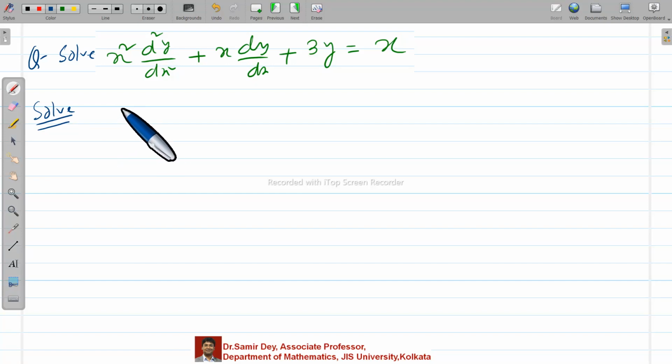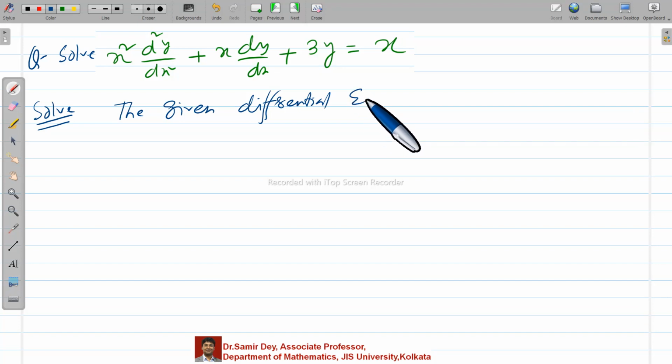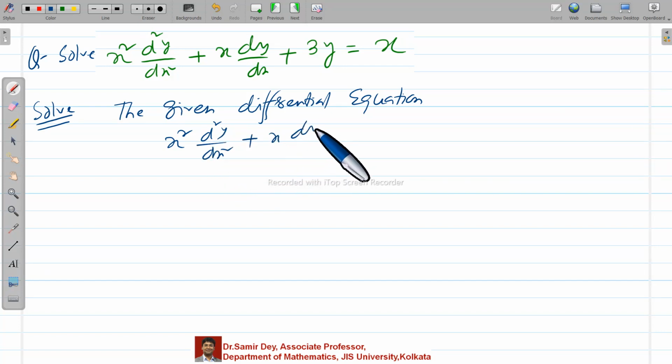So please write down the given differential equation. What is your given differential equation? This is a Cauchy Euler linear differential equation. So please write down x square d2y dx square plus x dy dx plus 3y is equal to x.